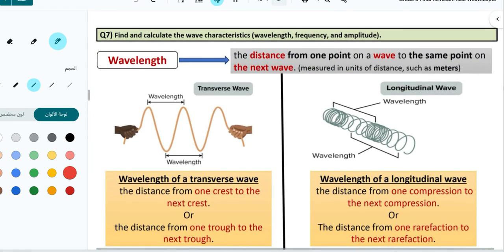Okay. Now looking at wavelength that I went over a little bit, it says find and calculate the wave characteristics, so that's wavelength, frequency, and amplitude. Very simple with a transverse wave. We know wavelength is a distance from crest to crest, or it can be from trough to trough.